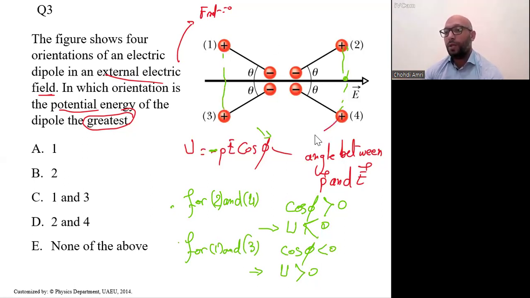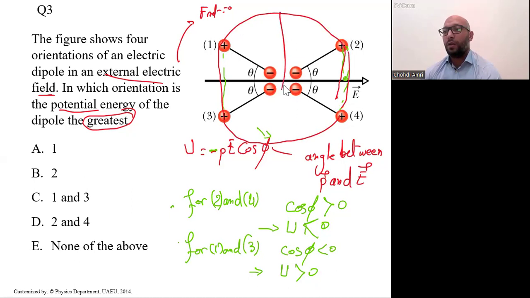If we draw the trigonometric circle, these two angles have the same cosine, which is negative. These two angles have the same cosine, but it's positive. So what is the correct answer? To get the greatest, that means positive, potential energy, it's dipoles 1 and 3. So 1 and 3 is the correct answer.